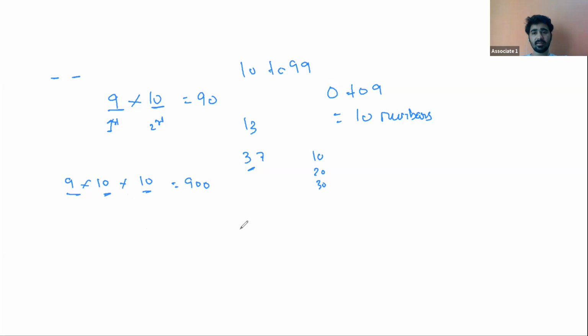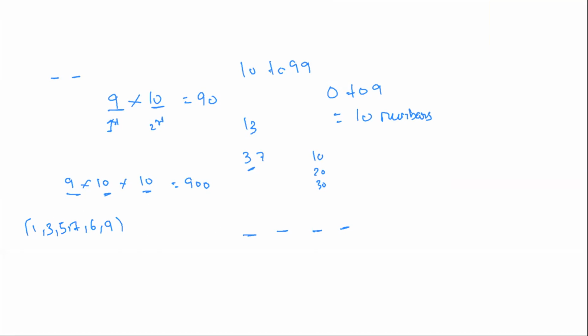So let us move forward. Suppose you want to create a 4-digit number using these digits: 1, 3, 5, 7, 6, 9.